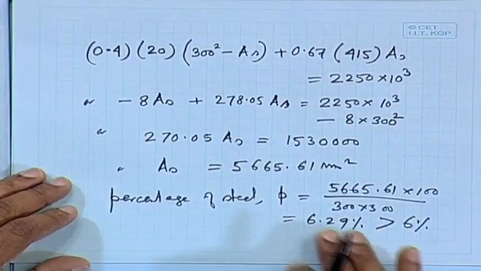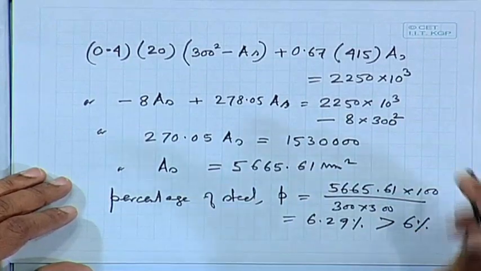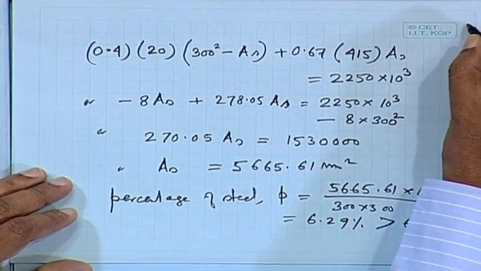That means we started with a short column with the criterion that L by D should be less than 12. Even then, the column has to bear the load, and with 300 by 300 the steel is coming more. If steel is coming more, say 6.29%, 5665, what difficulty can we face?